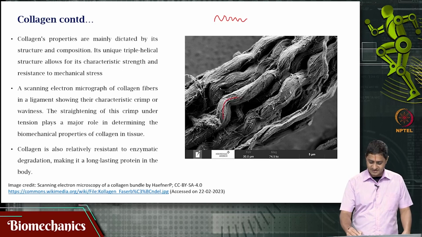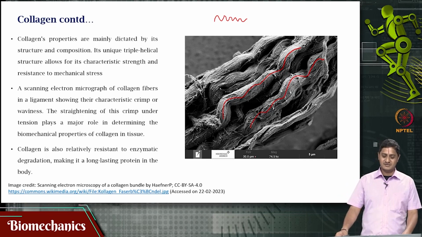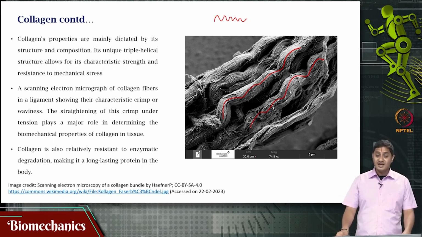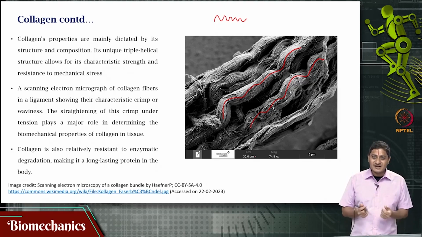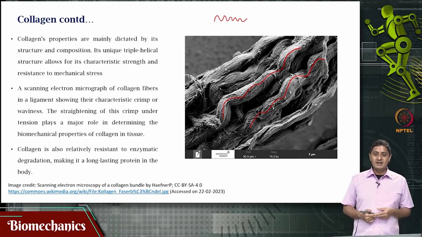You can see here, waviness or crimp characteristic. It's unique for collagen. The straightening of this waviness or crimp under stress plays a crucial role in the biomechanics or the mechanical property of the tissue in which collagen is present.